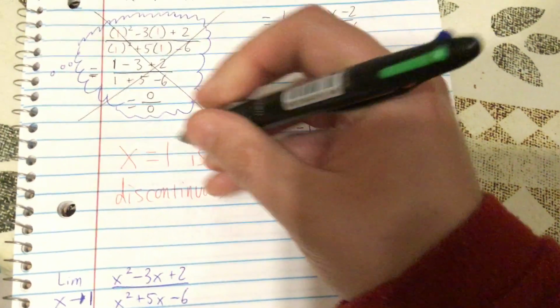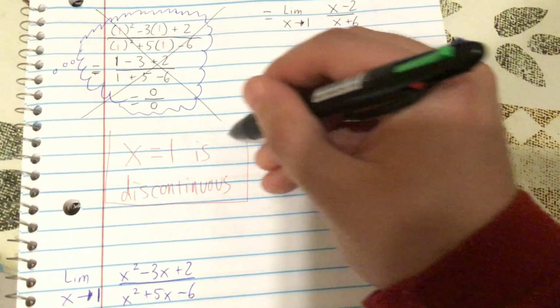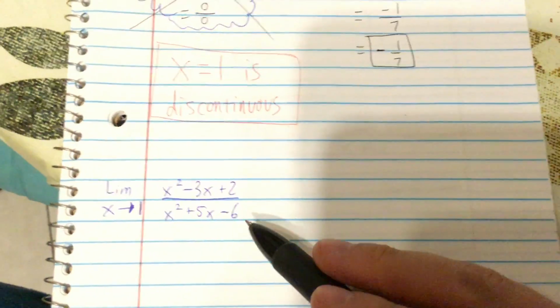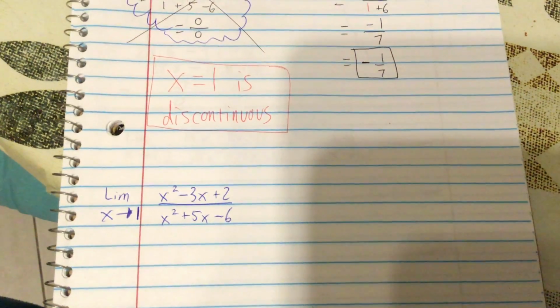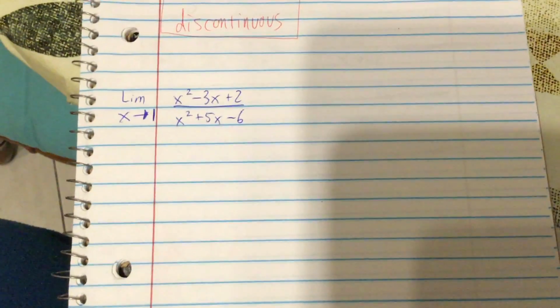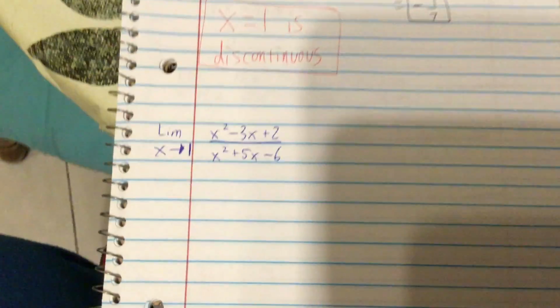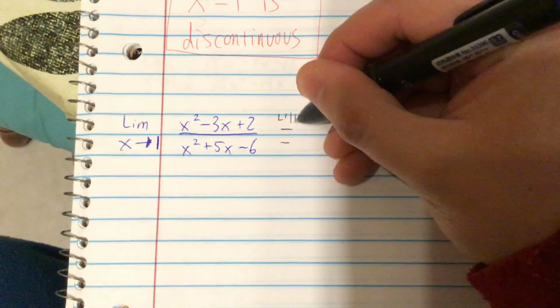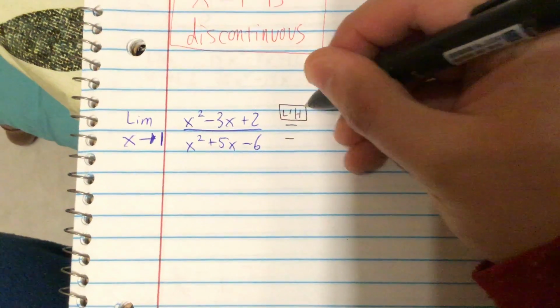Right? So what if you don't like to factor? Fear not. All you need to do is show that there's a 0 over 0. So you do technically need to show that there's a 0 over 0 to use L'Hopital, or just tell me I plugged in x equals 1 and it got me 0 over 0. So with that being said, L'Hopital to the rescue.